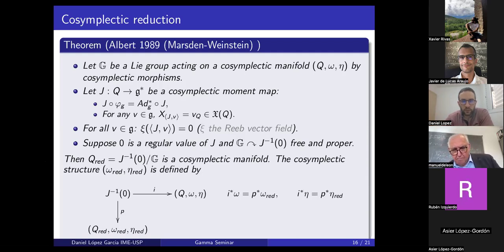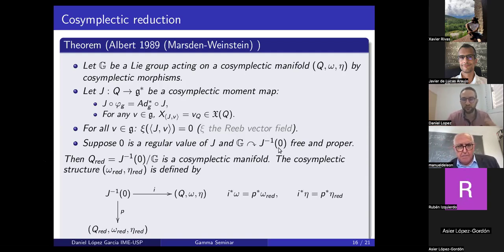That's all. Thank you. Yes, actually, there are some works of Enrique Bursin, for example, where they don't mention that this is a regular value, not in this case, but in the case of this reduction, they say a clean value, something like that.